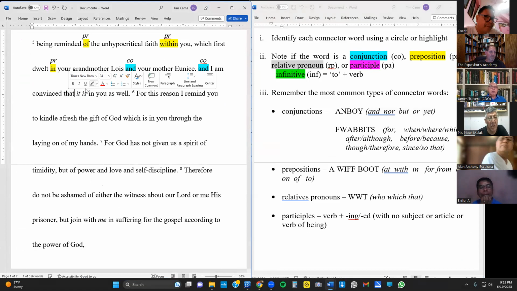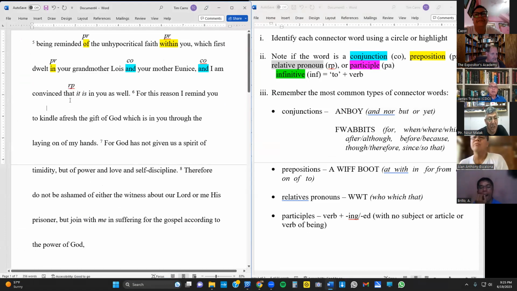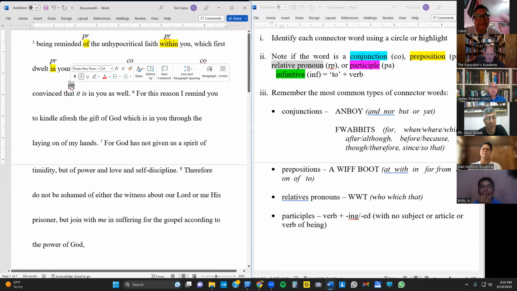This is one of those times where it's not going to. Could it be a direct object? Yeah, I think so. All right, so in this case, it doesn't fit the relative pronoun or subordinating conjunction, unfortunately.